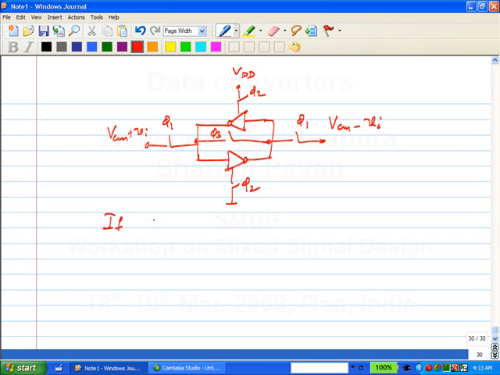If Vi is greater than 0, what happens? We call this node A and this node B. So VA will become greater than VB. Eventually, after the regeneration phase, what will happen? VA will become VDD and VB will become ground. Please note that we got rid of the minus VDD; the minus VDD we had earlier is now nothing but ground, right? So VA will go to VDD, VB will become ground.